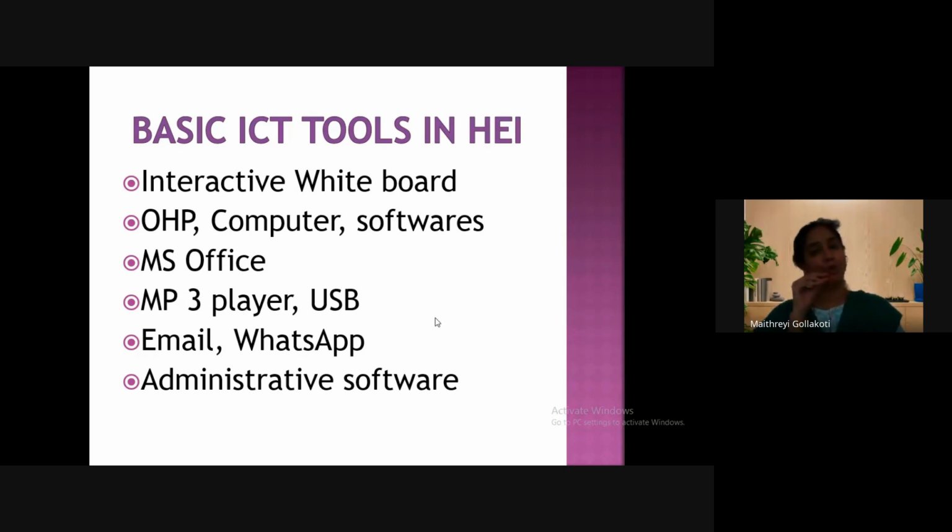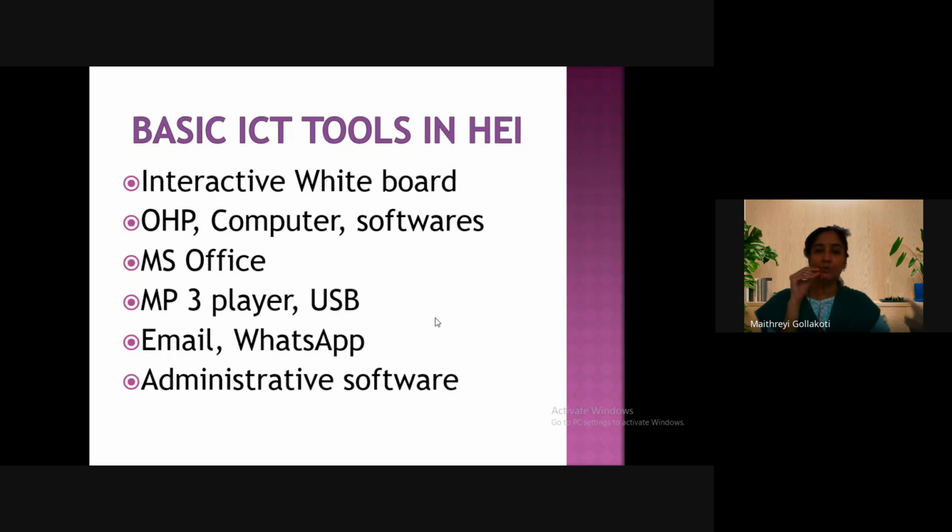Emails are used for students, teachers, as well as within the institution. WhatsApp. Now we have WhatsApp groups. I'm sure all of us know this. We have WhatsApp groups for all the students, isn't it? For all classes, we have different WhatsApp groups. For staff, we have WhatsApp groups. For administrators, we have WhatsApp groups.